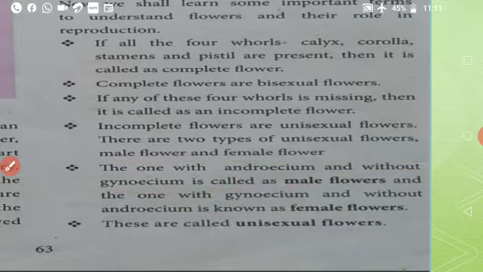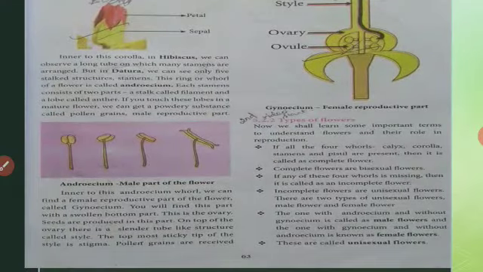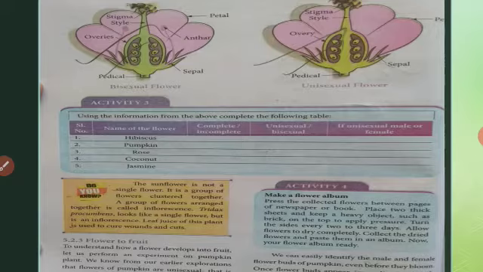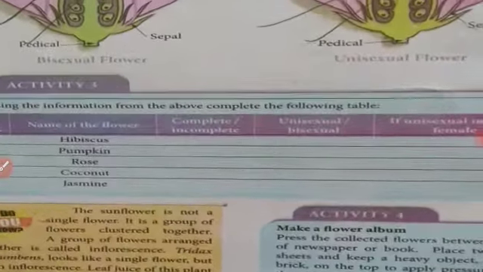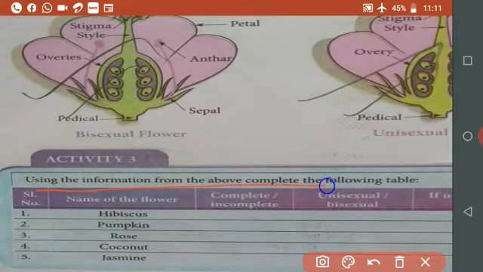Students, you are seeing the diagram of bisexual flowers and unisexual flowers. You are seeing Activity 3: using the information above, complete the following table. Under the table, some flowers are given: hibiscus, pumpkin, rose, coconut, jasmine.